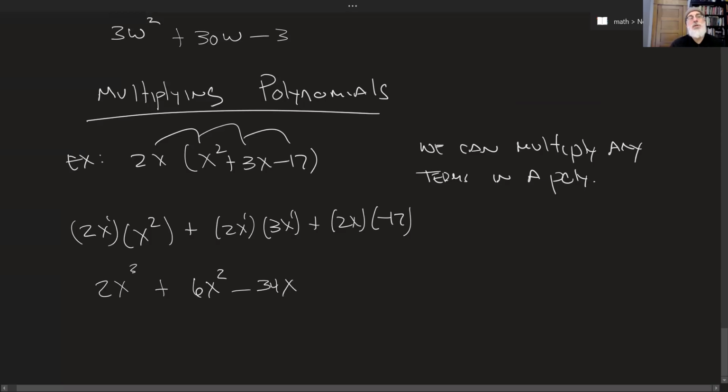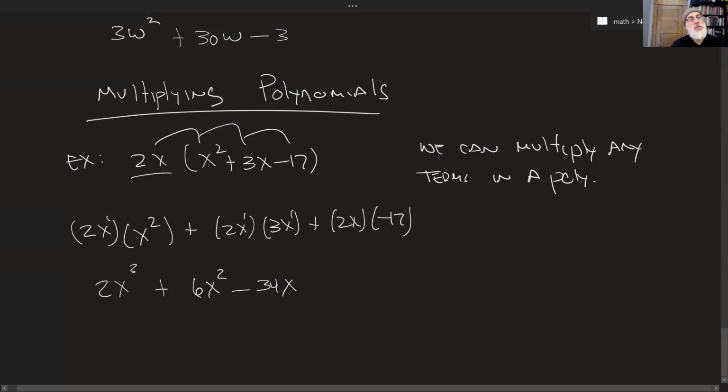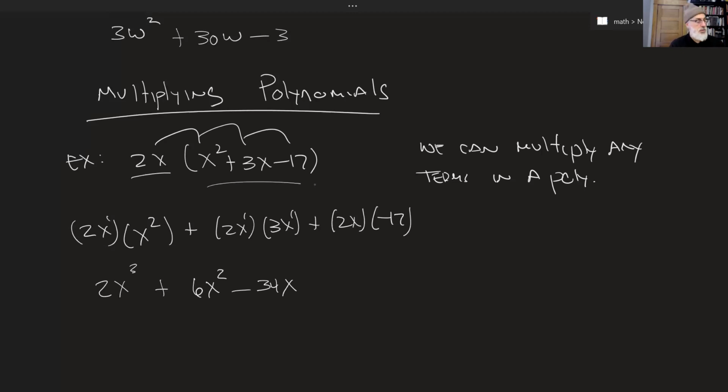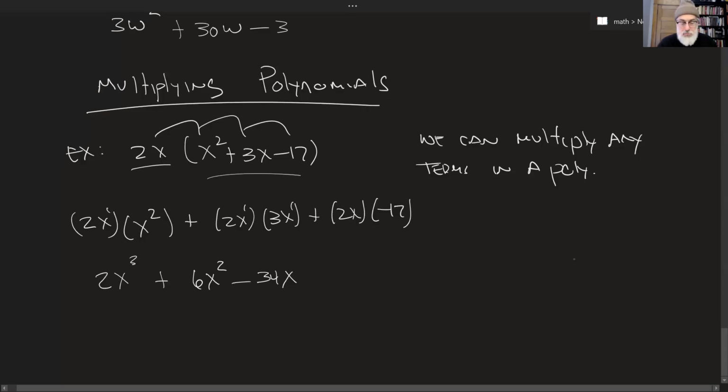So that's how we multiply a monomial, that's a one-term polynomial, by a trinomial, which is a three-term polynomial. We distribute the 2x over the second polynomial's each term. All right, so what if we don't have a monomial?